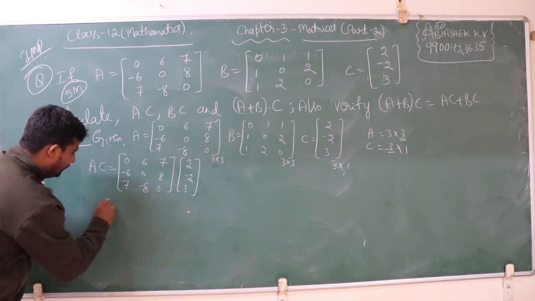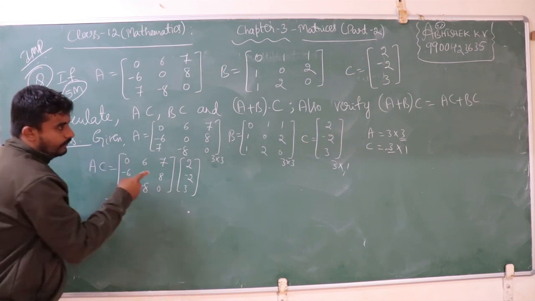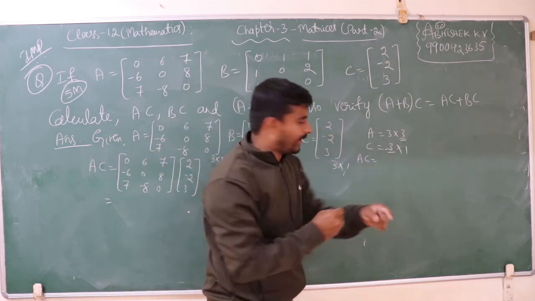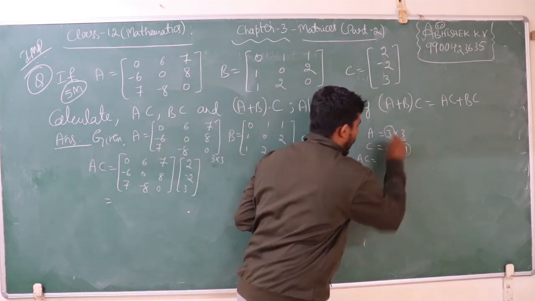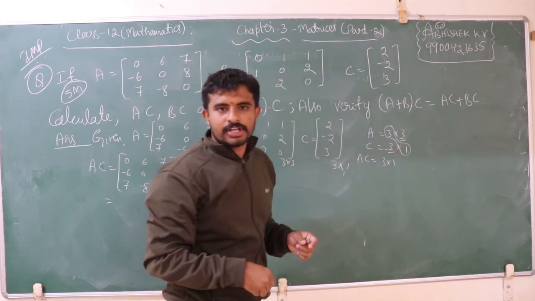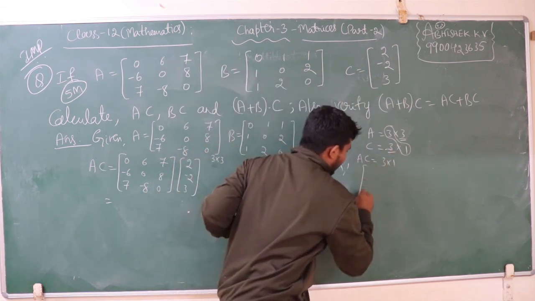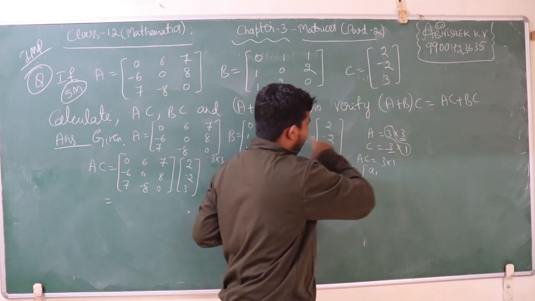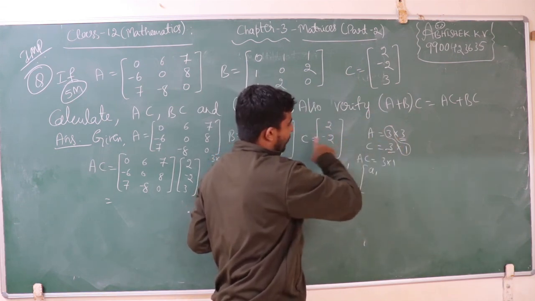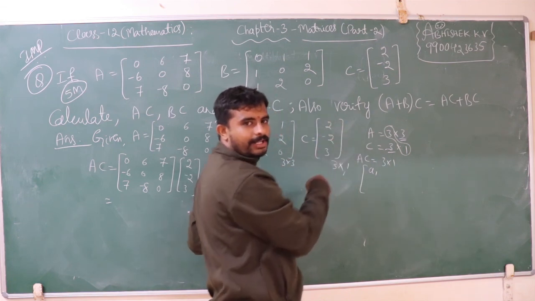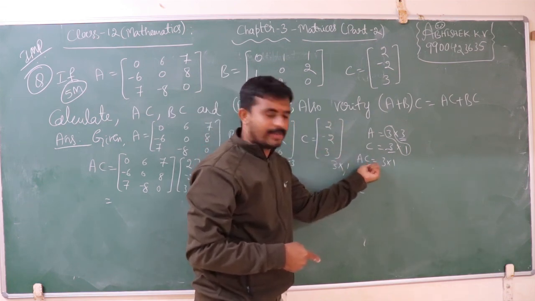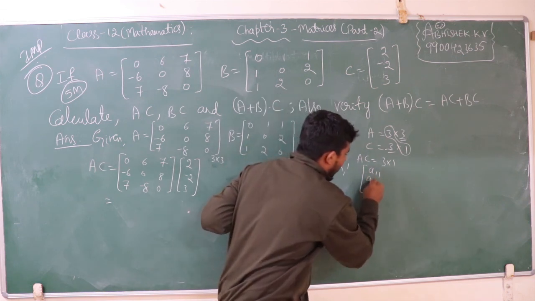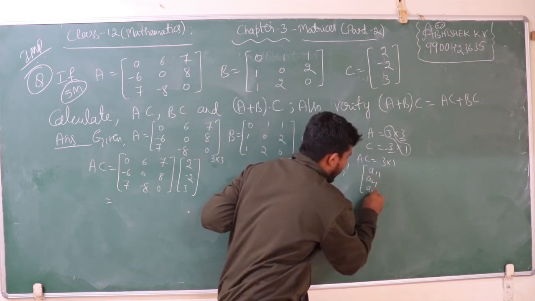Is it clear? What is the procedure? AC is another matrix of order 3 cross 1, that is 3 rows, 1 column. The resultant matrix of AC is like this: A11, A21, A31.